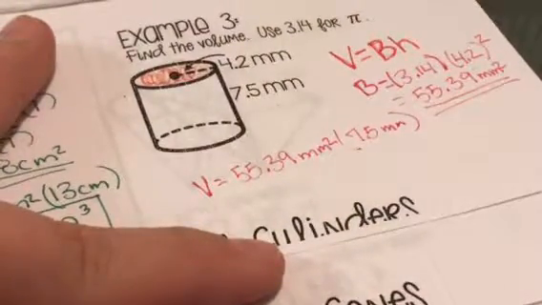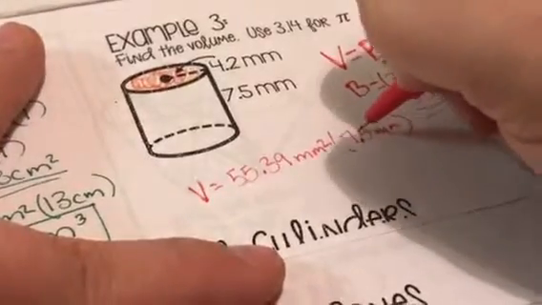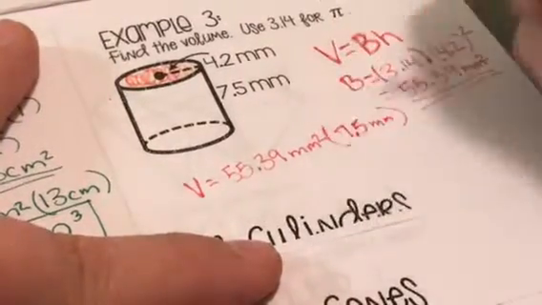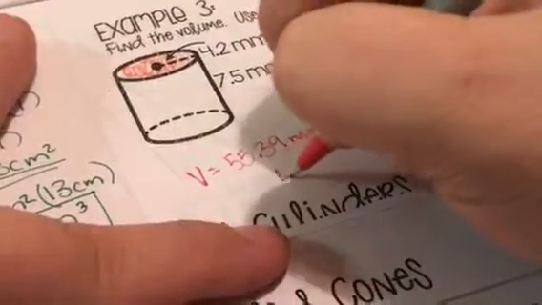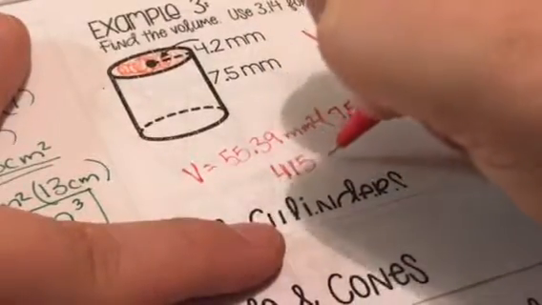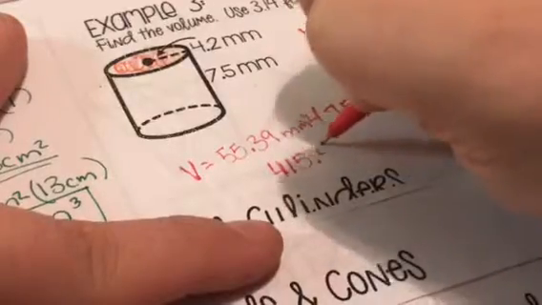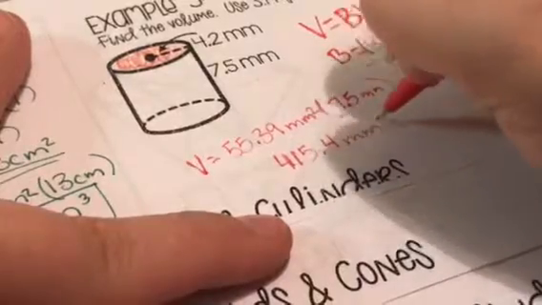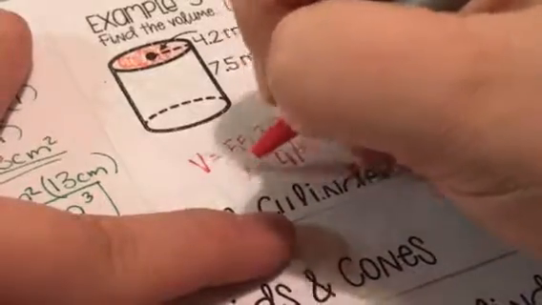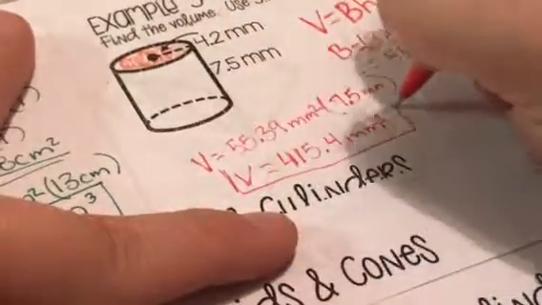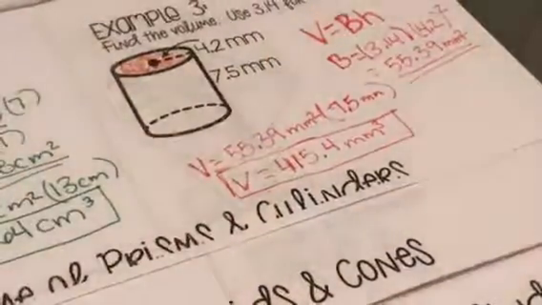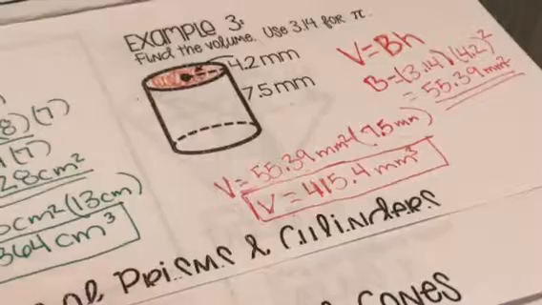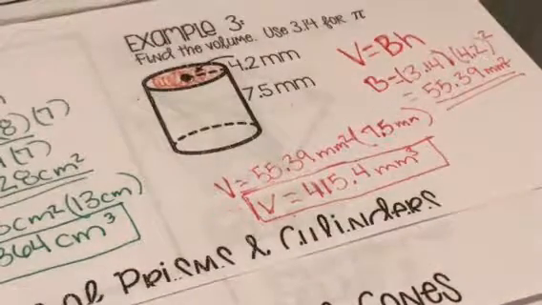So when I multiply that, remember that's a 0.5, I'm going to get 415.4 millimeters cubed. Okay. Now this is all for this video. In the next video, we're going to do the volumes of pyramids and cones.